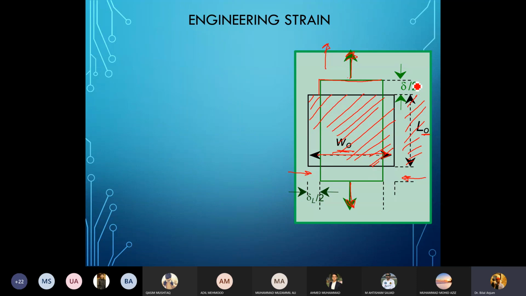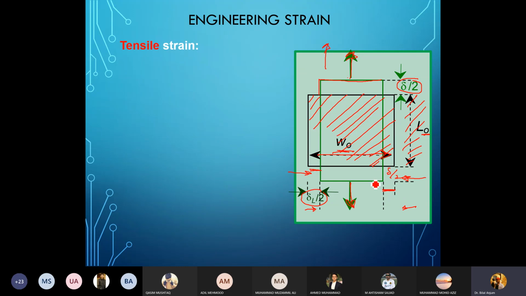As a result, the deformation is delta by 2 in this direction and delta by 2 over here. Similarly, the shrinkage in the lateral direction is delta W by 2 on each side.